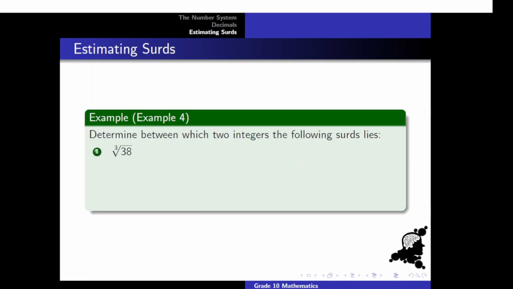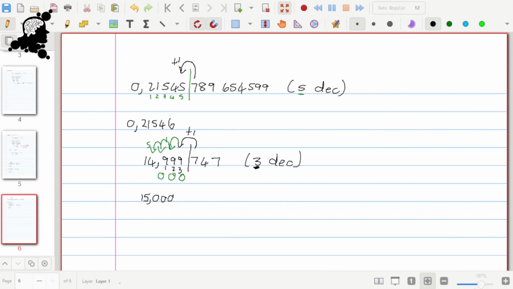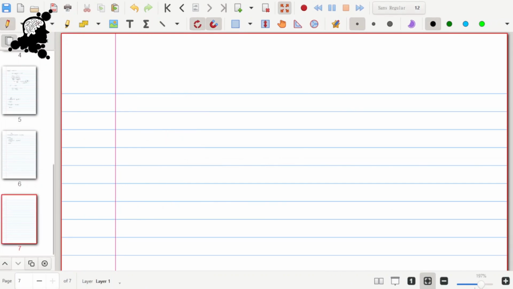Let's look at a practical example, the cube root of 38. In our writing pad, let's go to a new sheet of paper. The question we were given is the cube root of 38. First, I need to write a set of perfect cubes, because it's a cube root.